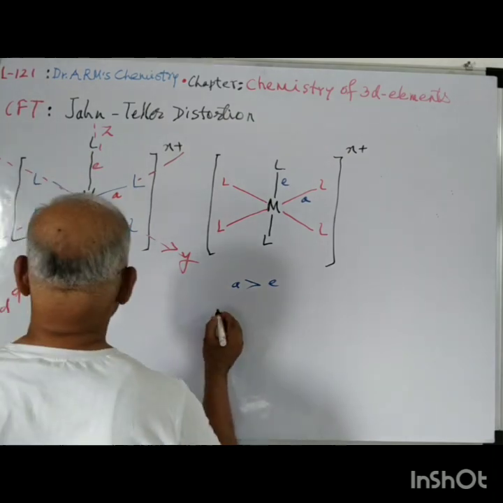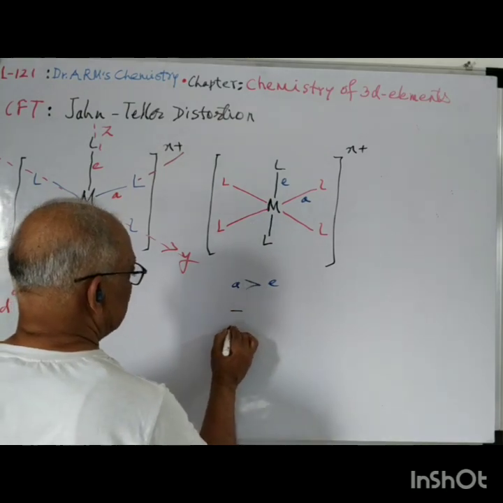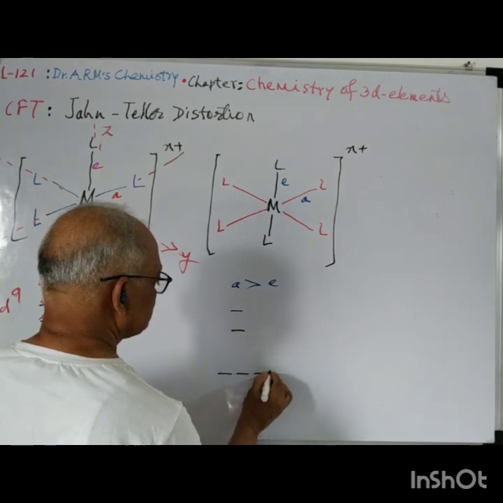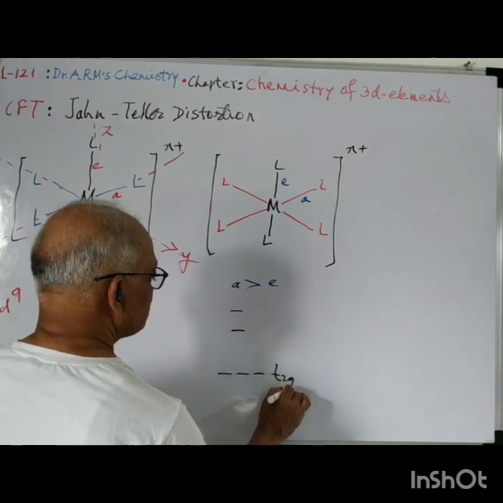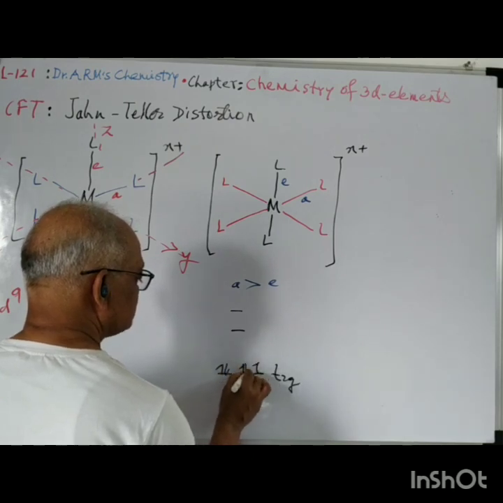Now here in this case, D9 configuration, you will find that this is T2G. So the electron distribution is like this.